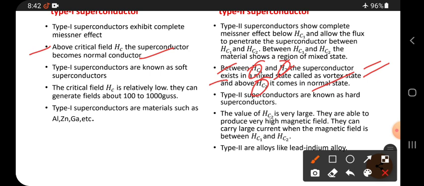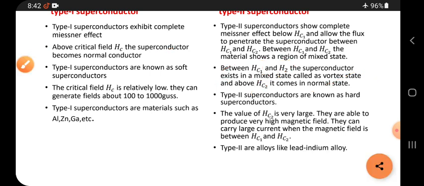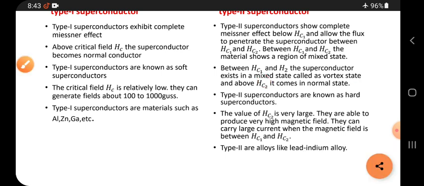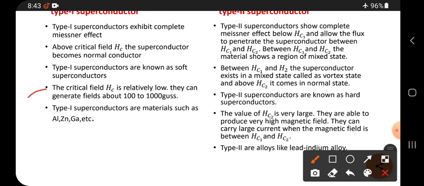In type 1, the critical field Hc is relatively low. The Hc value is very small. They can generate a field of about 100 to 1000 gauss. Gauss is a unit for magnetic field.